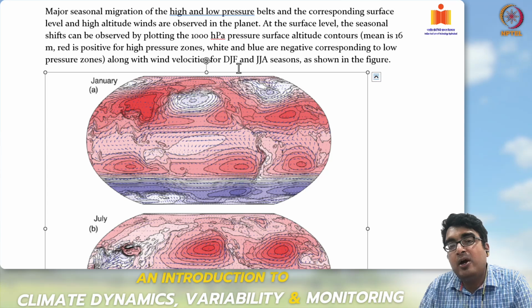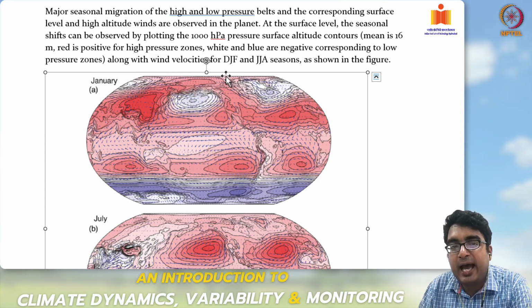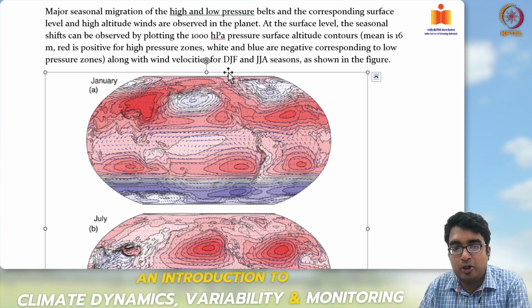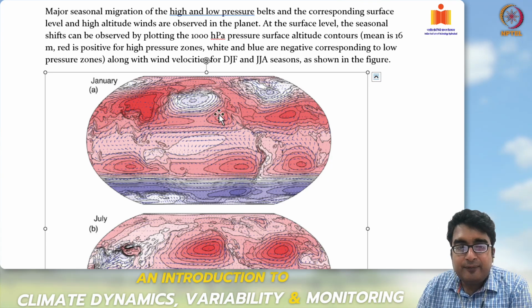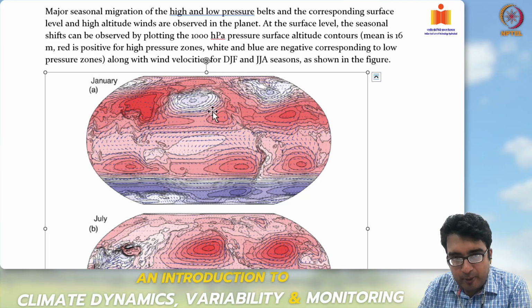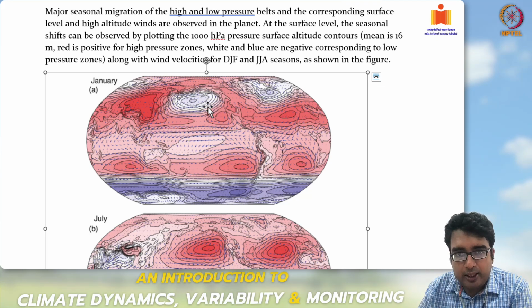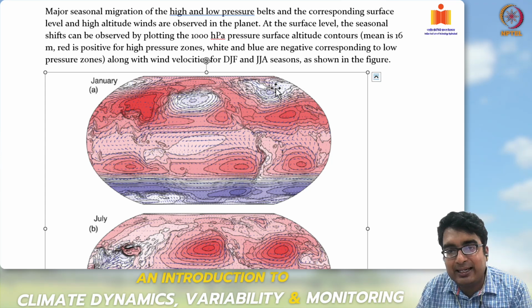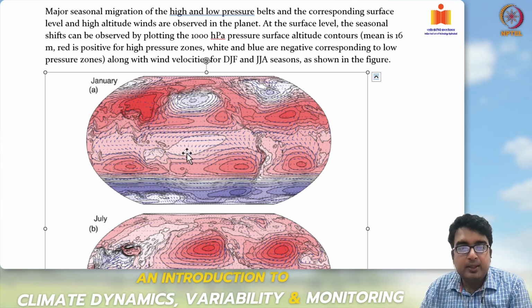And beyond that, in the Arctic, you will have once more a polar high pressure zone which has not been shown. Because of the circular structure of these pressure belts in the northern hemisphere particularly, you see cyclonic and anticyclonic circulations happening over the northern Pacific and northern Atlantic Ocean.